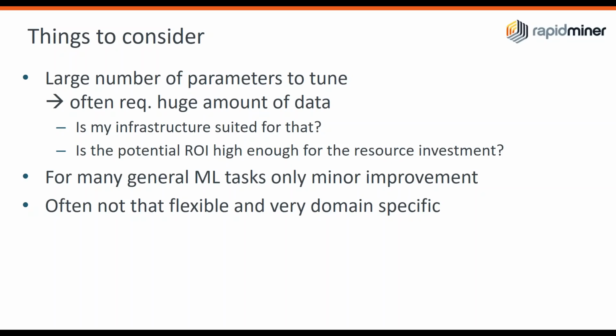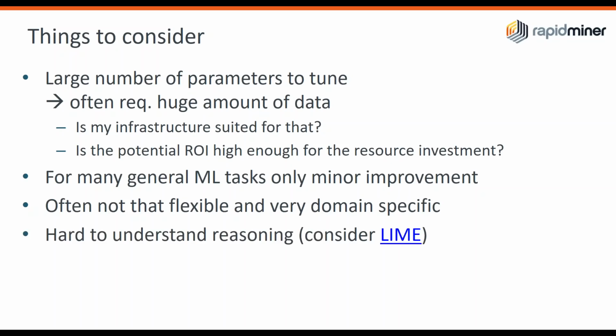Yeah, and another point to keep in mind is that since the model that is built when doing deep learning is often very complicated, understanding any reasoning is impossible or very hard. There are possible techniques like using local interpretation methods, and we have an operator for that, which might help you.